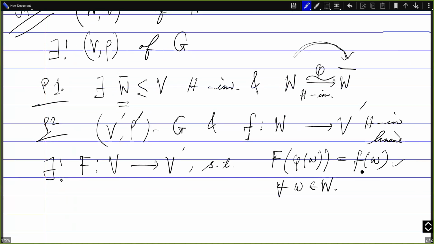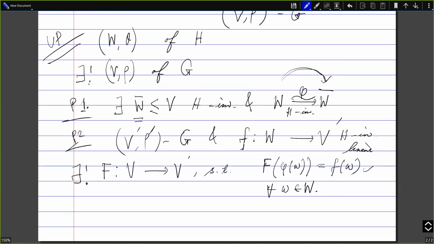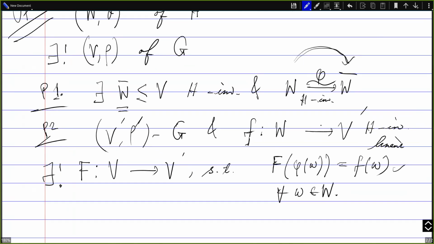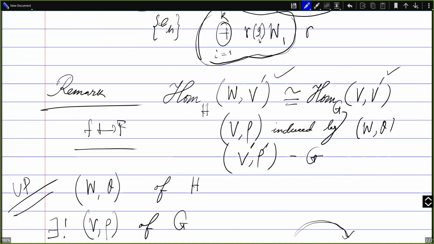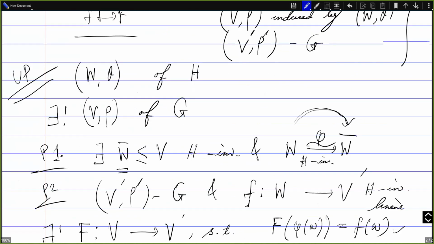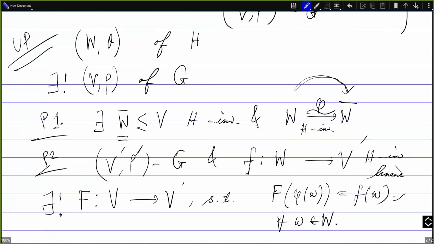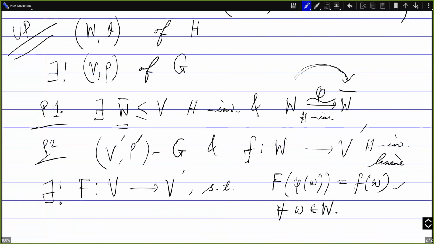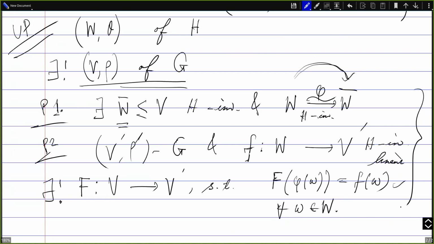This existence part is precisely the existence part of the induced representation. We have first shown that the induced representation exists, and that it satisfies these two properties.